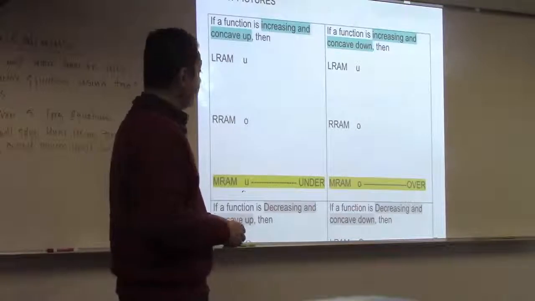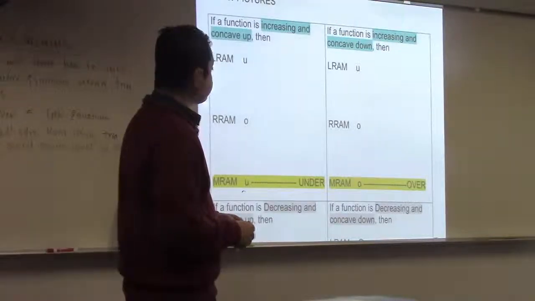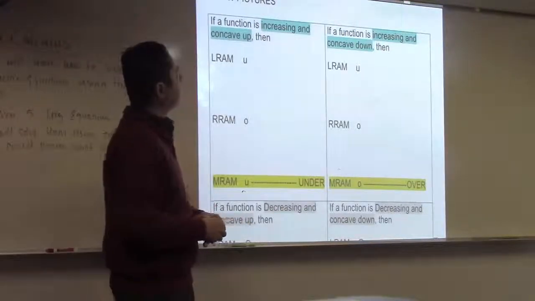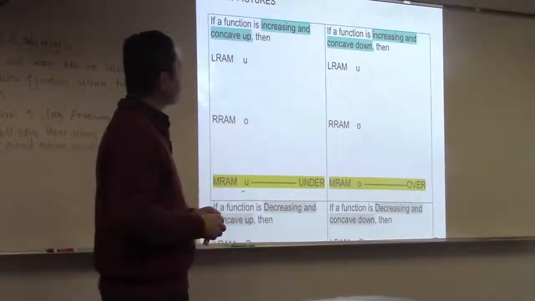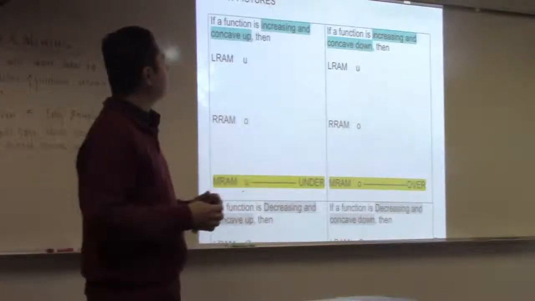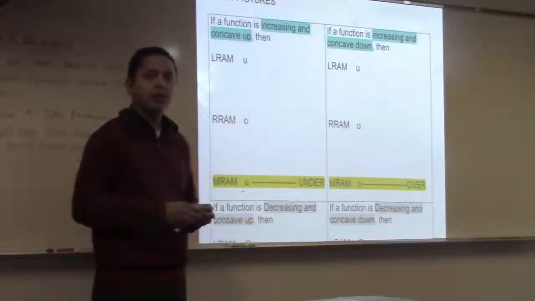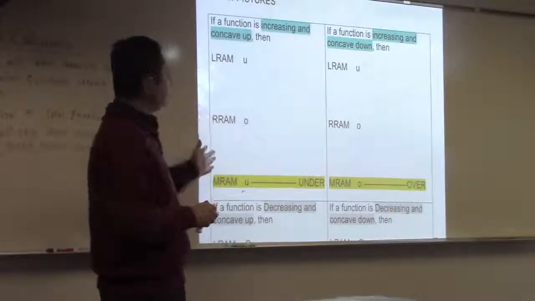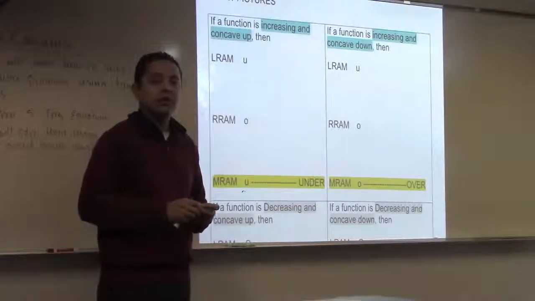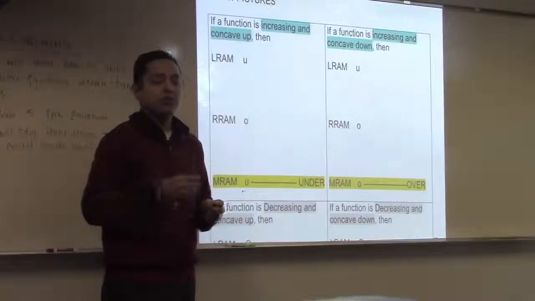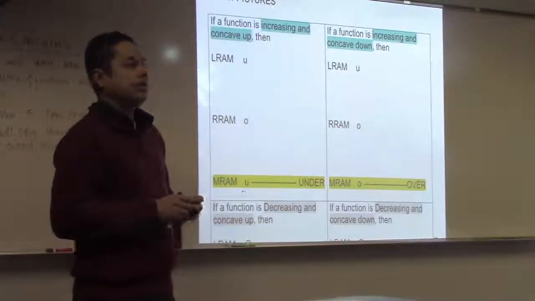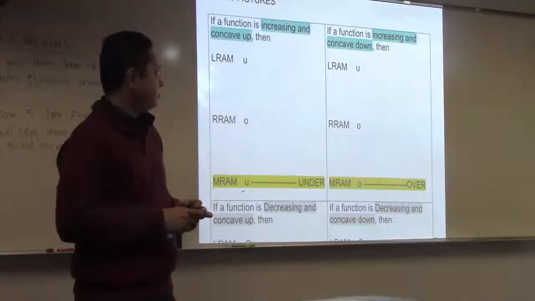So what I've done with this handout is that I have given you some scenarios here. Basically, I'm telling you what type of function you're working with and the type of RAM or method that you will be using, and your job is to figure out whether you're using under approximation or over approximation, right?